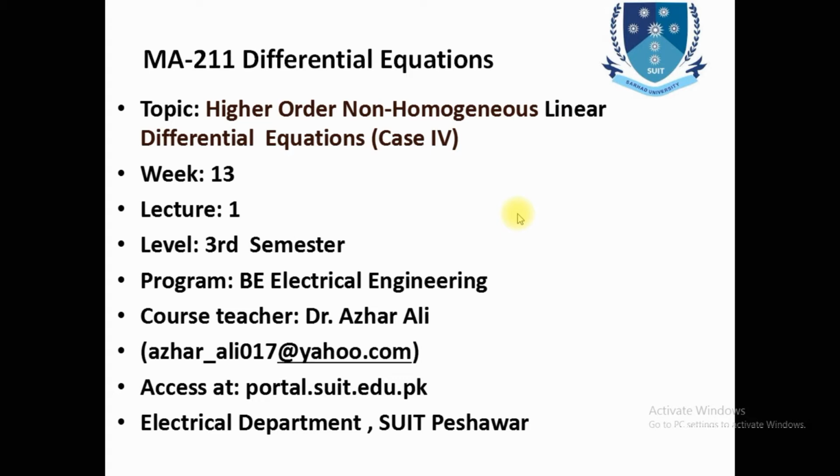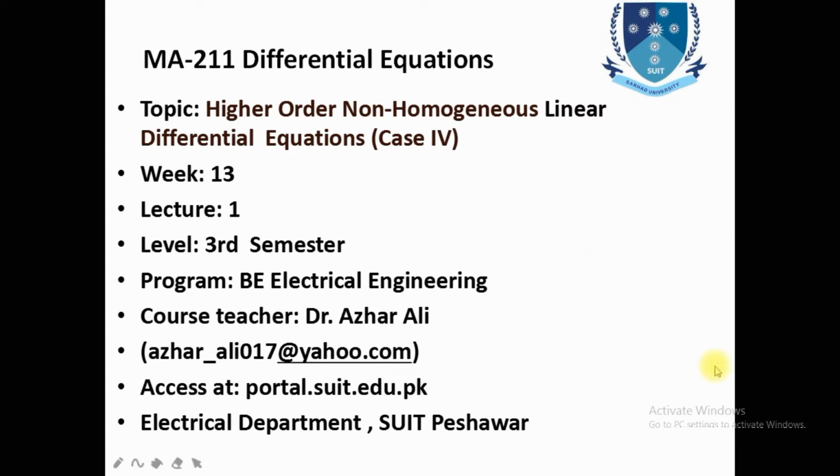Now, in this first video lecture of week 13 for the course Differential Equations, today we are going to learn about case number 4 for the solution of higher order non-homogeneous linear differential equations.